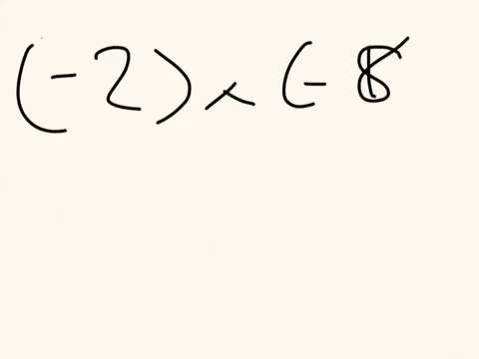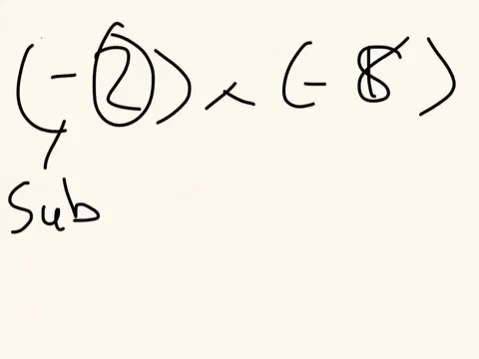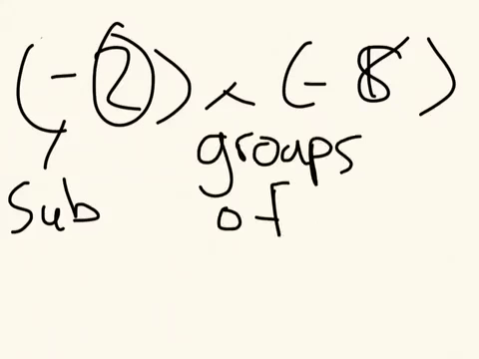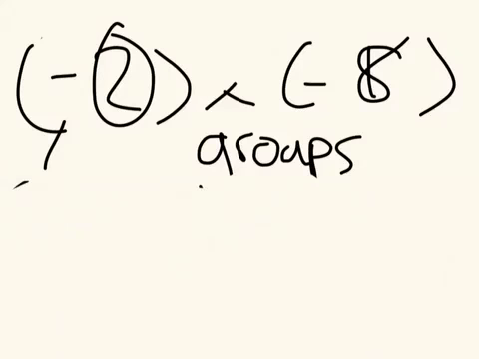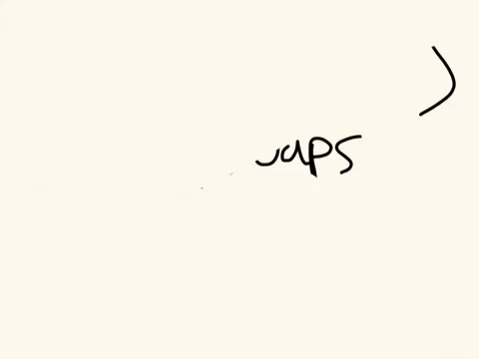Let's start off again. -2 multiplied by -8. So we are going to subtract 2 groups of -8. So to subtract 2 groups of -8, we need to make 2 groups of -8. Negative, I'm pretty sure I used red.